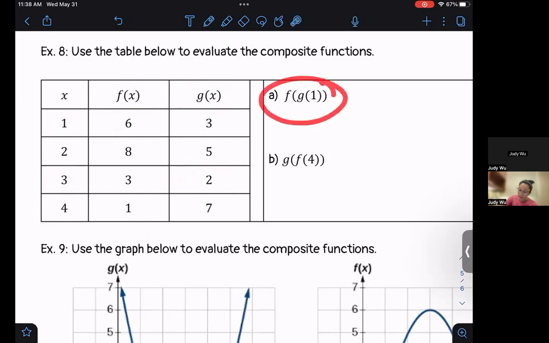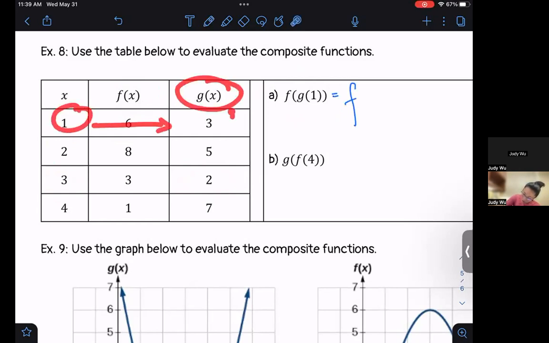But now let's take a look at this, f of g of 1. This means we need to find g of 1 first. So g of 1, if we look at our table, g and 1, gives us 3. Now that means I'm really looking for f of 3.